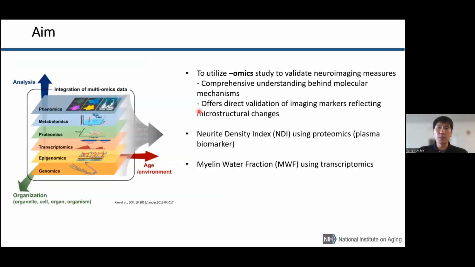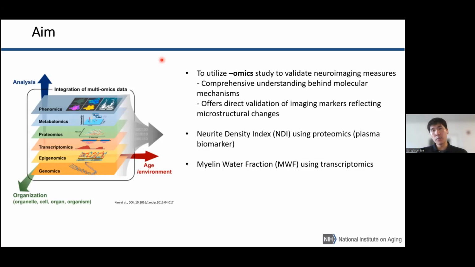Therefore, we adopt a different approach using omics to validate our neuroimaging measures. The omics datasets can provide a more comprehensive understanding of the molecular mechanism of the targeted tissues, by using, for instance, transcriptomics. Therefore, it may offer a whole brain-wide direct validation of imaging markers involved in the microstructural changes.